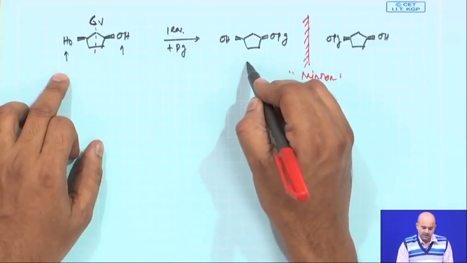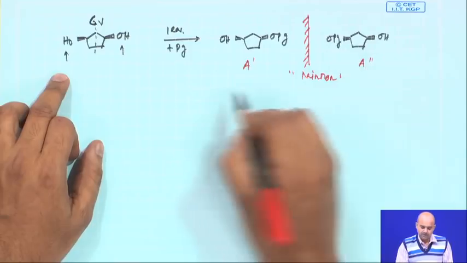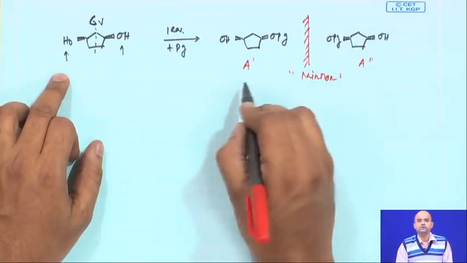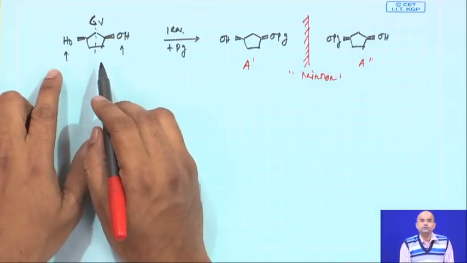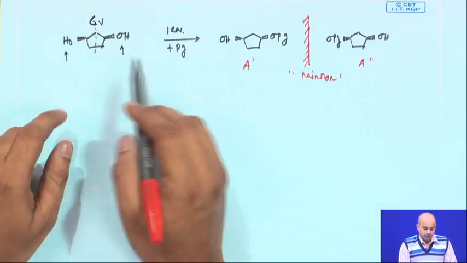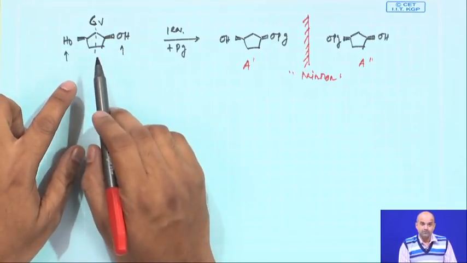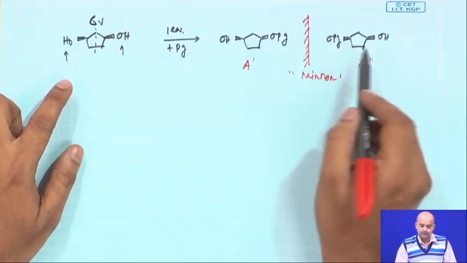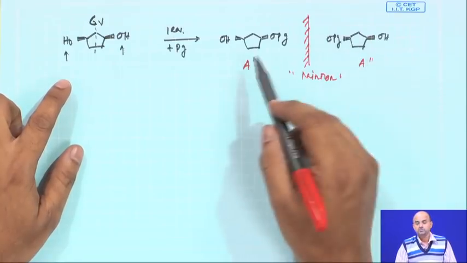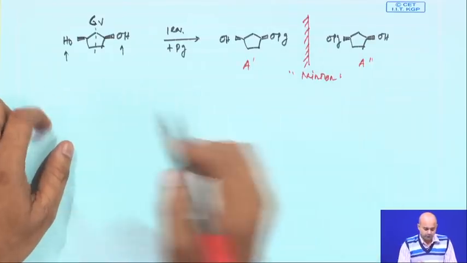So, compound A prime and compound A double prime are enantiomers of each other. If you are not careful about these aspects, when you do protection of this starting material, you will end up with 2 enantiomers. So, you need to be very careful.